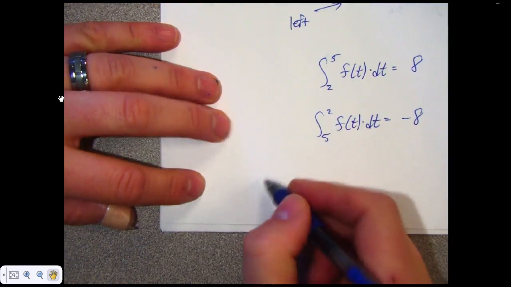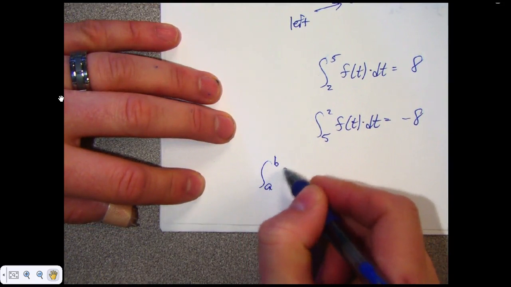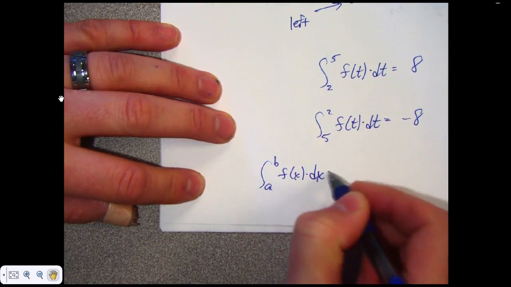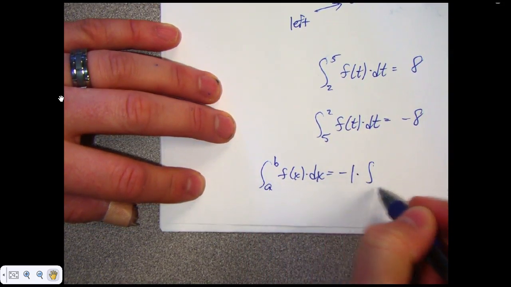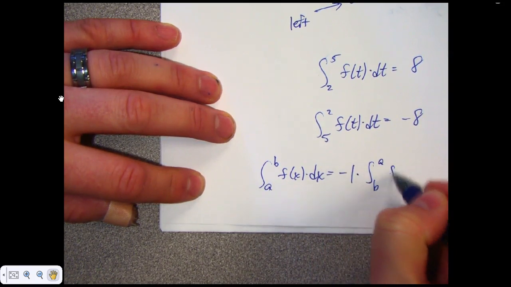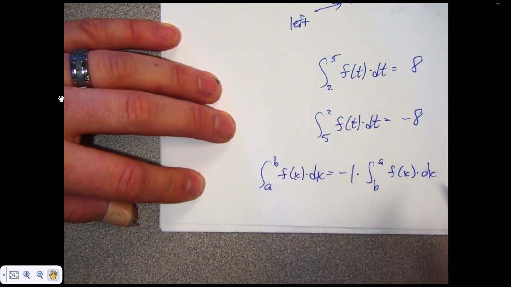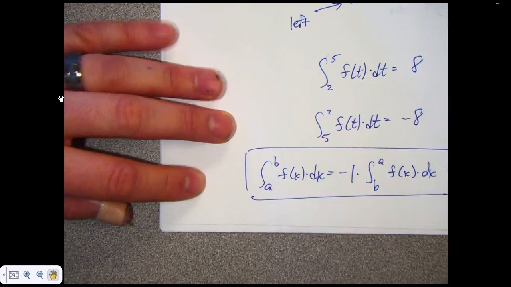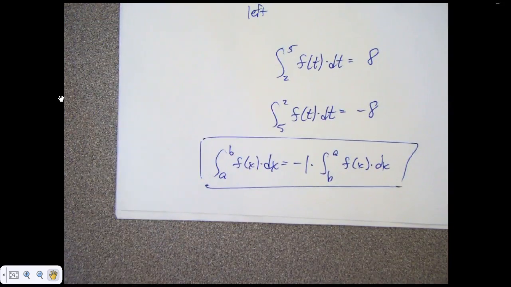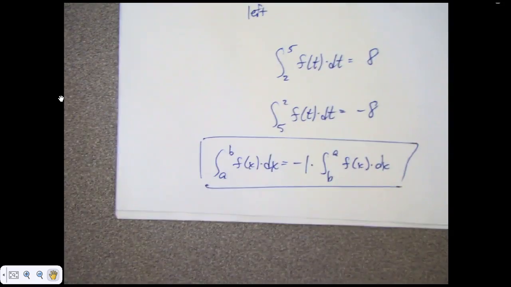So the rule there, if you want a rule, the integral from a to b equals -1 times the integral from b to a. So it's just like you're reading it backwards, so your answer becomes backwards by putting the negative sign there.